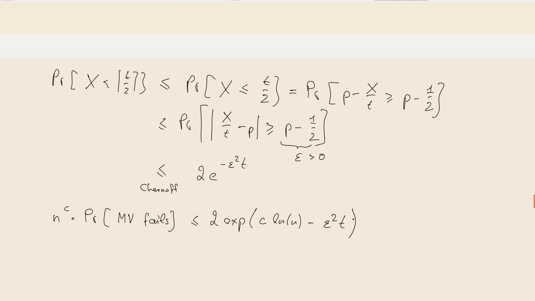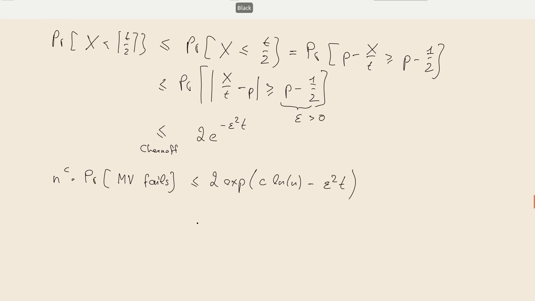So what we have to show is that this goes to 0 as n goes to infinity, because then we have the probability that this fails. It's actually in small o of n to the minus c even. And we would like to have this for any c. So c should be arbitrary.